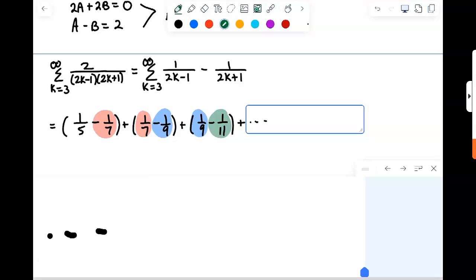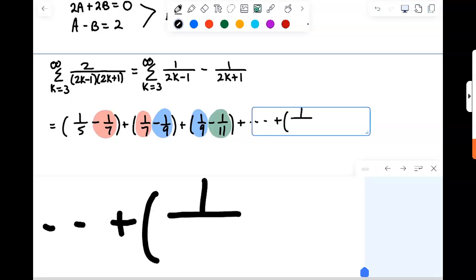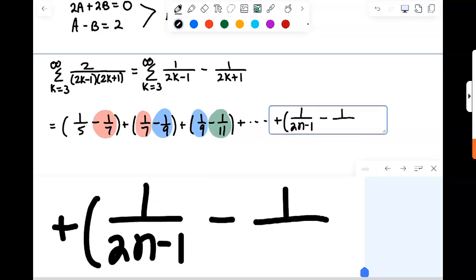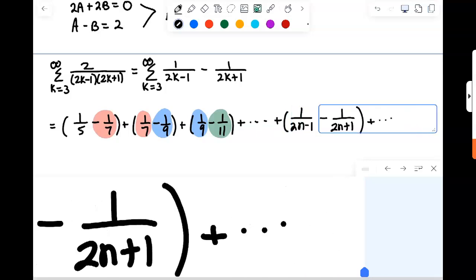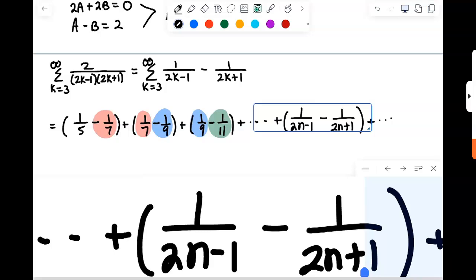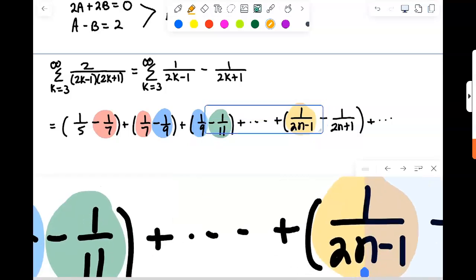And so the last term of this sequence would be n. So we'd have 1 over 2n minus 1 minus 1 over 2n plus 1, and the sequence would continue. And so we know that the 1 over 2n minus 1 would have canceled out with the last term from the one right before it.